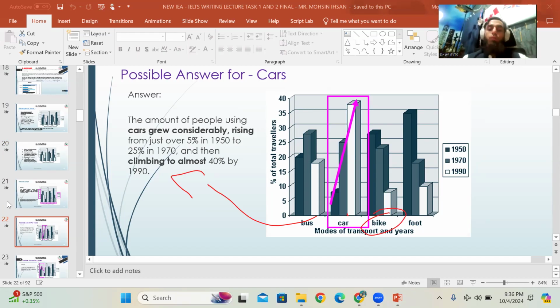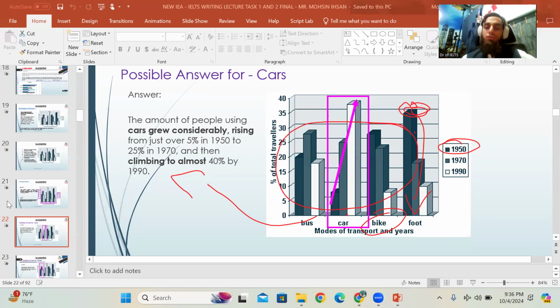Overview. In the overview, we will write that the usage of foot is at the peak, but at the start, first we have to look for the start, 1950. The consumption of foot, the traveling based on foot is at the peak, or it has the top position comparatively to all other modes of transport, and that is equal to 35.